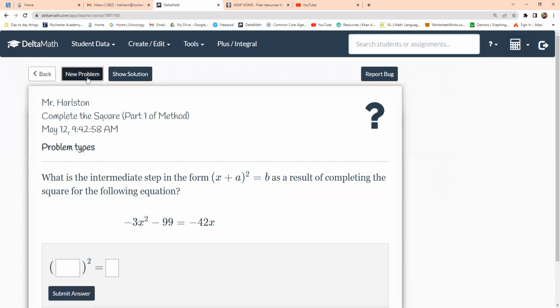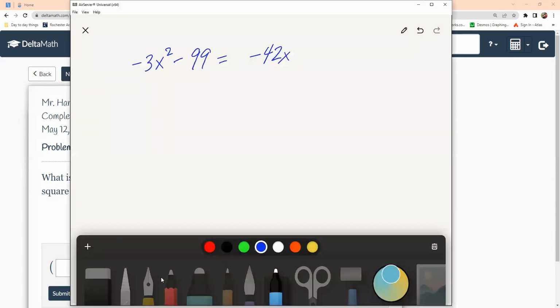Same kind of question. So I got a negative 3x squared minus 99 equals a negative 42x. Okay, let me bring up the iPad. First thing, we're going to move the minus 42x to the left-hand side where the x squared is.